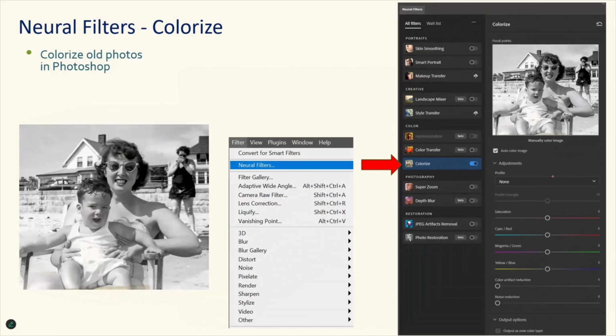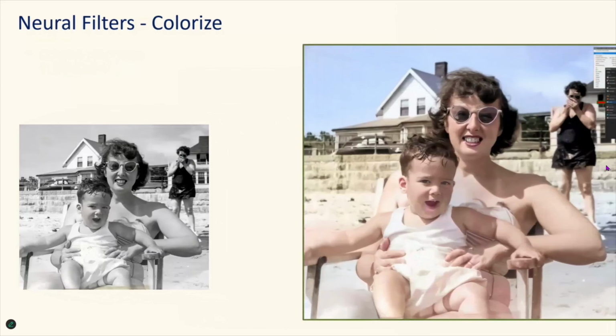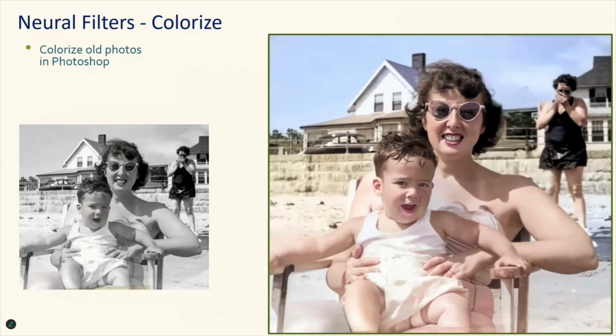And you notice that you have all kinds of options here for colorizing. You can also choose to manually color, which is a weird process, doesn't work that well, but you can try it. Auto works the best. And in this case, this is the image that it created.